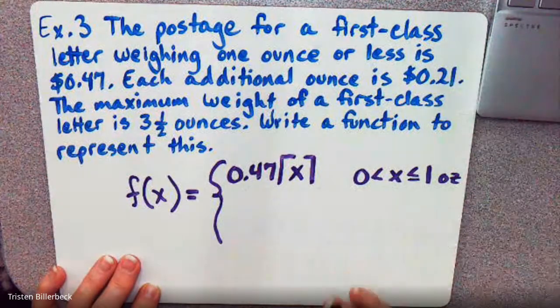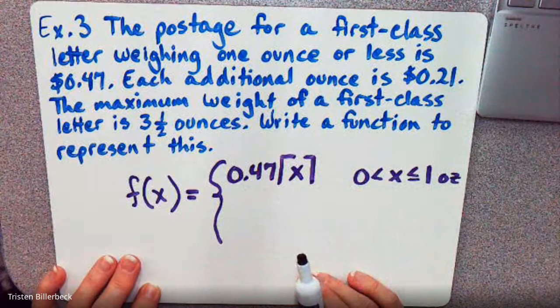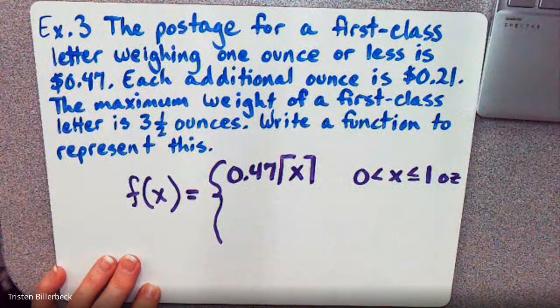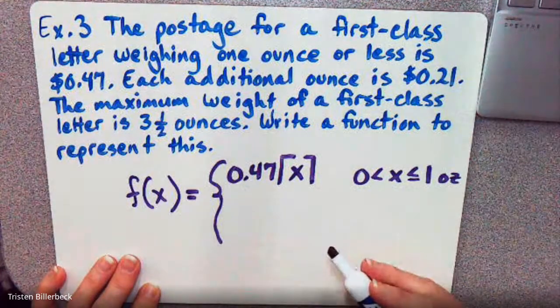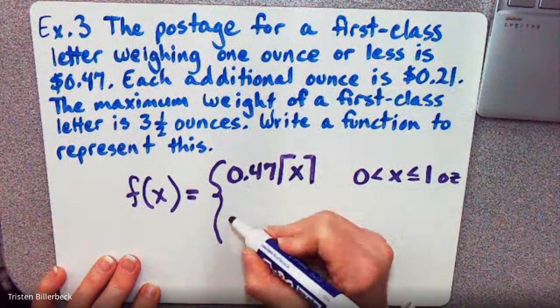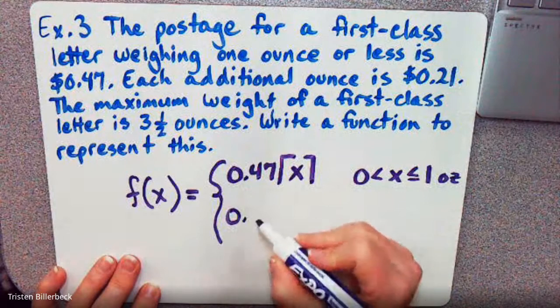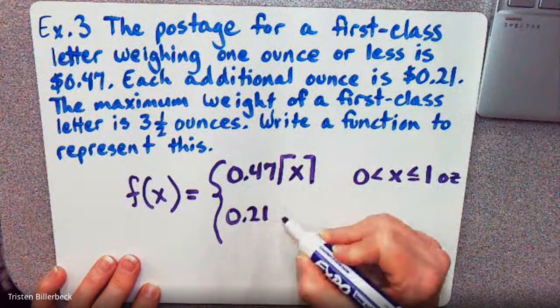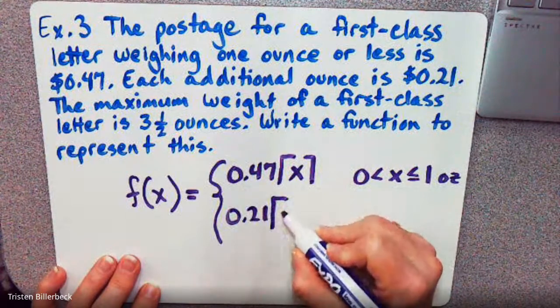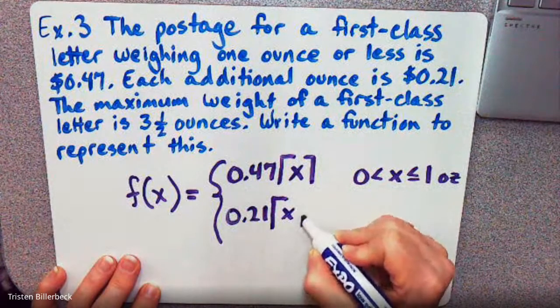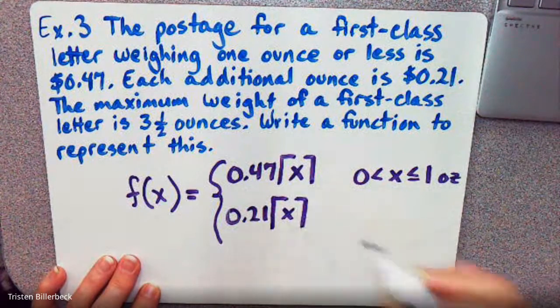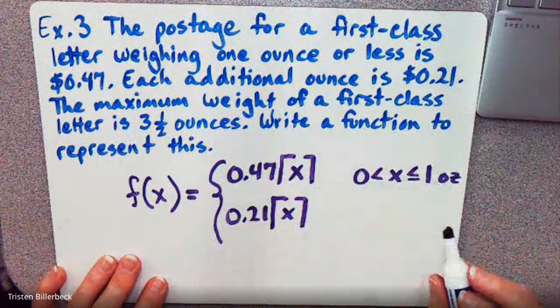Okay, so this is where it gets a little bit interesting as far as how to write this one. So we know that we're going to be paying 21 cents for each additional ounce. Okay, and we're going to have a range for that.